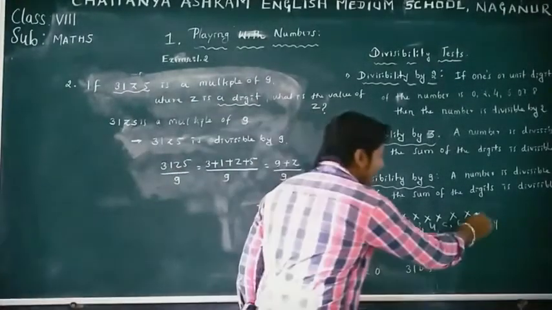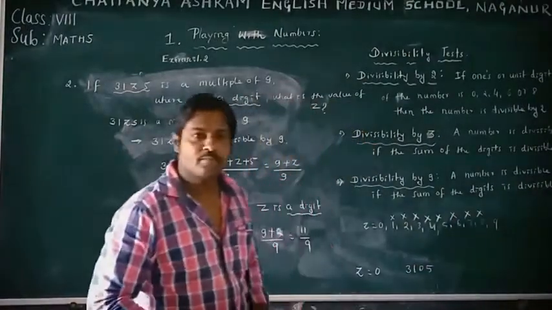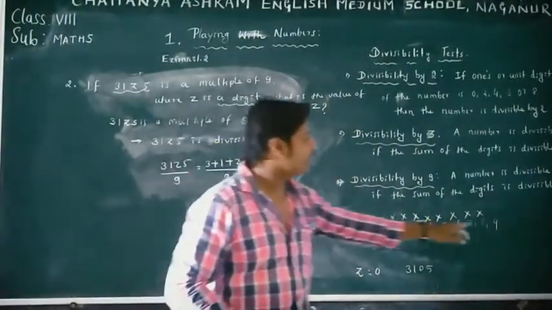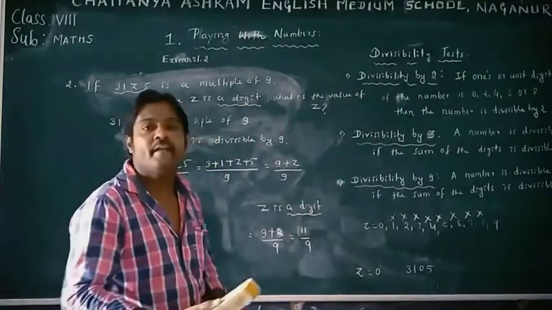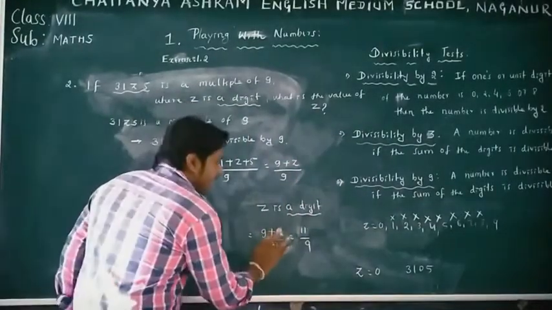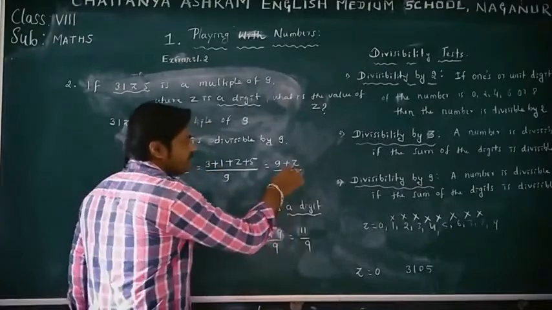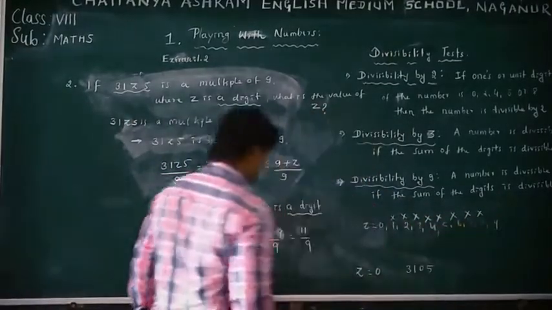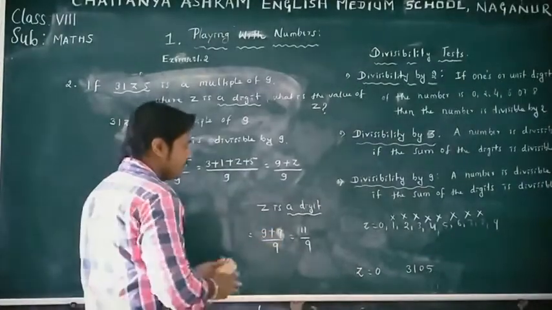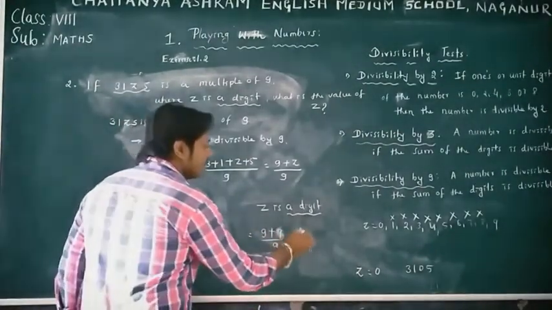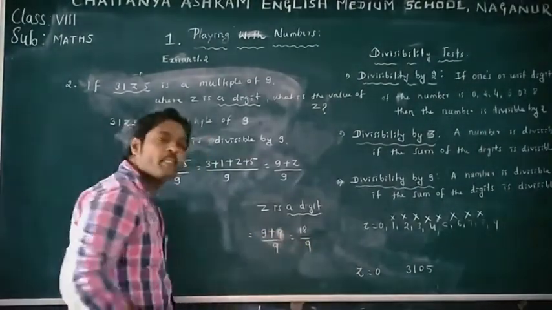So Z equal to 8 is also not possible. Take Z equal to 9. Substitute the value of Z as 9. 9 plus 9 is how much? 18. So 18 is divisible by 9.